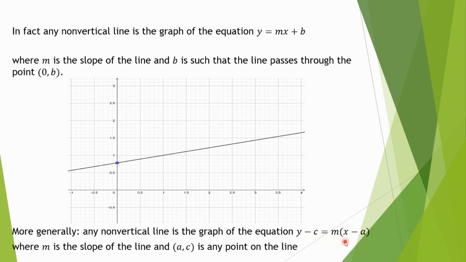This is what they call the point-slope form, and this is the slope-intercept form. M is the slope of the line, but here you can have (a, c) as any point on the line, so it's a little more general. I know this can be a little tricky.